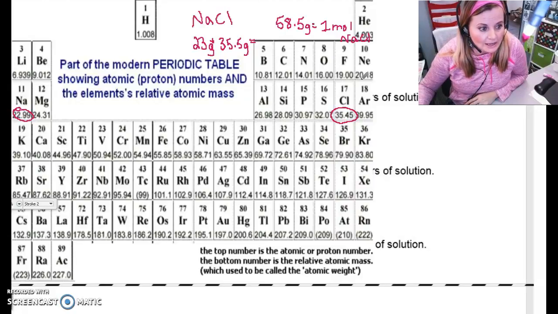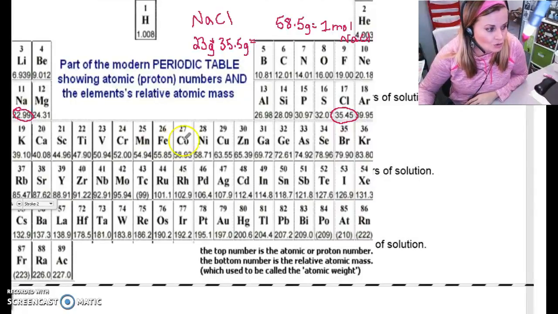So in this case, I'd measure out 58.5 grams of salt, and I would know that I would have a mole of sodium chloride. So that's what molar mass is, okay? It's the mass that 1 mole of that substance has.